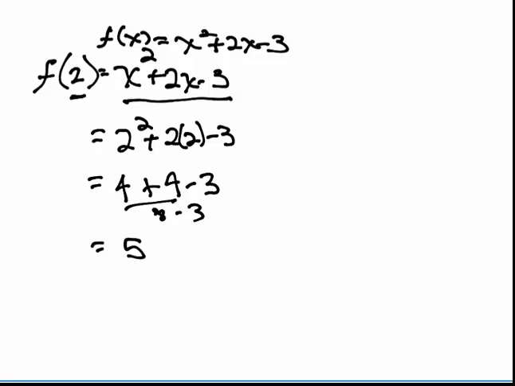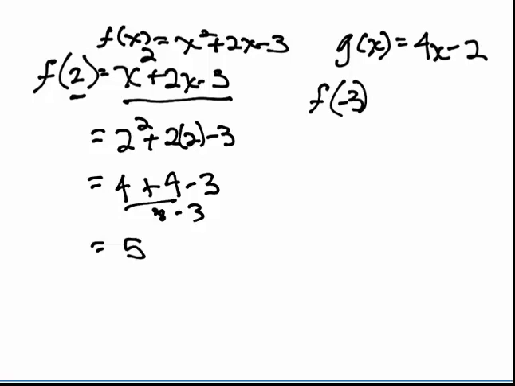Then we have g of x, and that is our 4x minus 2. If you look across from the f of 2, we have another f where they have substituted a negative 3. And that is now for our equation. So we are going to use the f function to solve this.